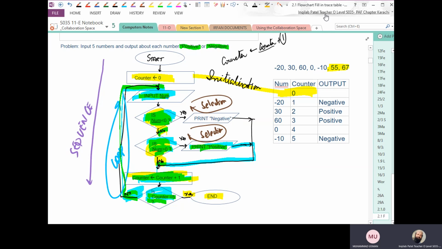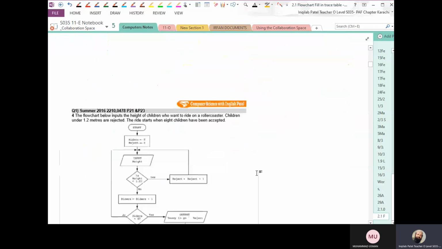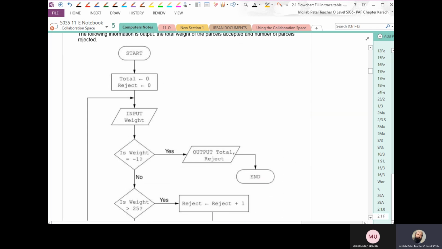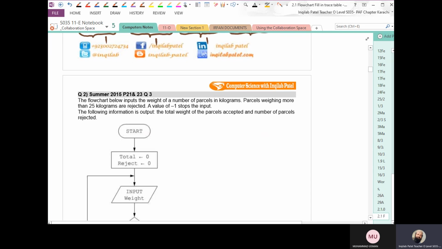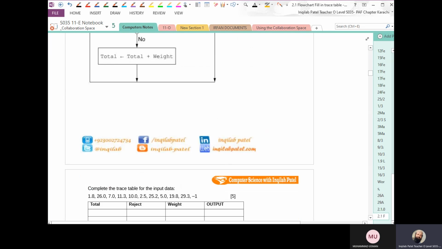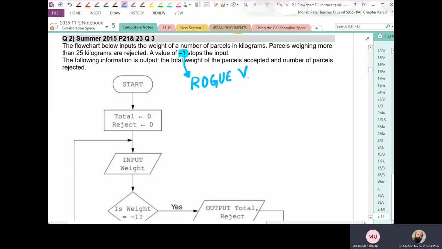Sir, please do one more trace table. Yes. This is a 4 mark question. So 1 mark for 1 column. Here is another. This is summer 15 paper 2-1 or 2-3 question number 3. In this you will see that there are 5 marks, right? A value that stops input is known as a rogue value.